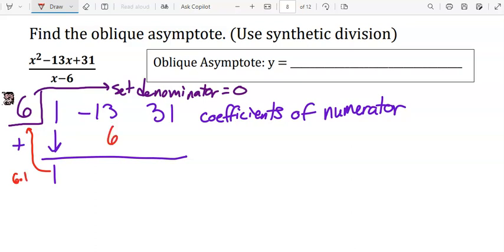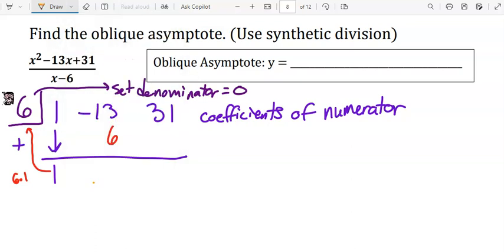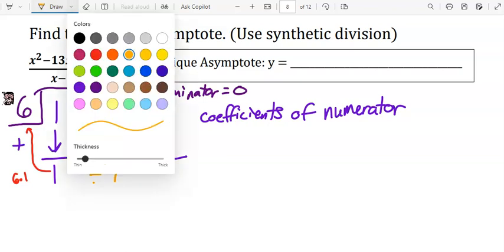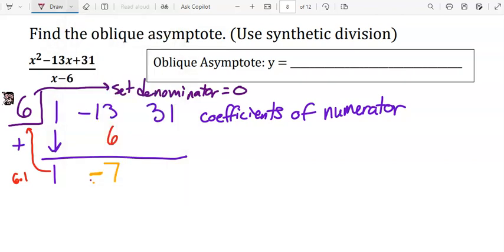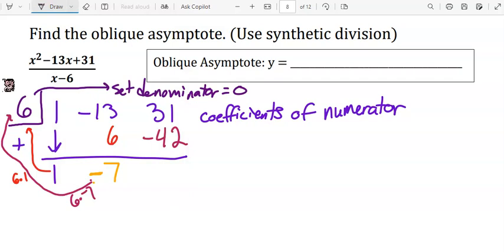And then we combine those. 6 times negative 7 is negative 42. And then the remainder is negative 11.